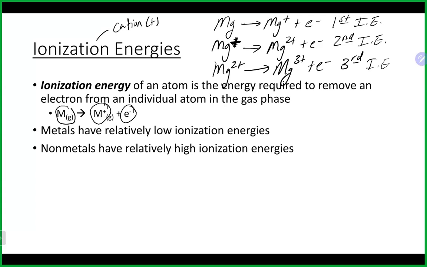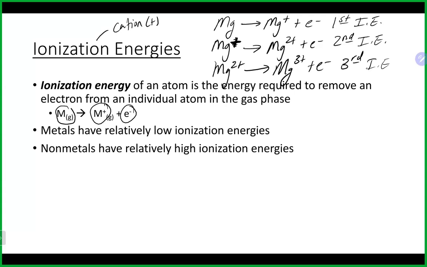And what that essentially does is those other electrons on the outside now find themselves closer to that nucleus, which means they're going to be held tighter. So it's going to take a little bit more energy to remove the next electron. It gets smaller, we've just moved closer to the nucleus, so it's going to take more energy and more energy.